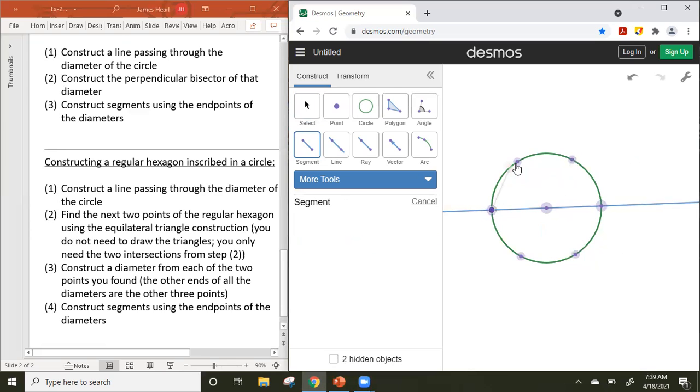If I connect this one, I know this is the same length as this because I have an equilateral triangle here in this spot. If I go here, I have an equilateral triangle in this spot, and they both use this radius. So I know these 2 are the same length.